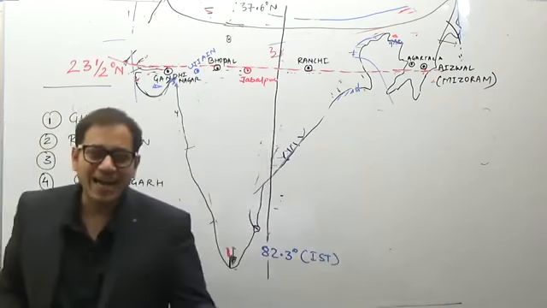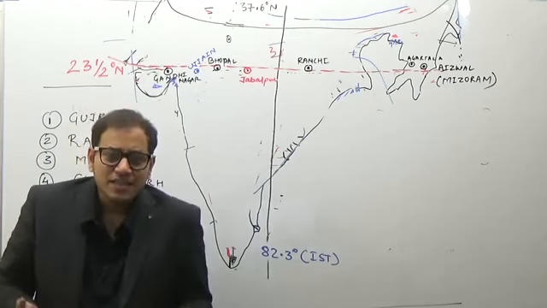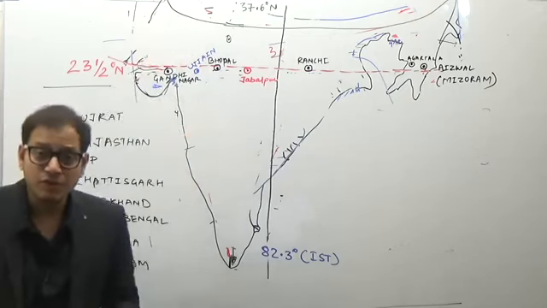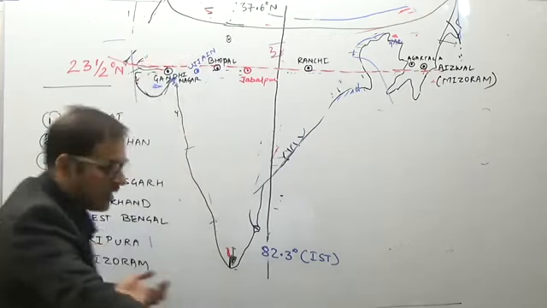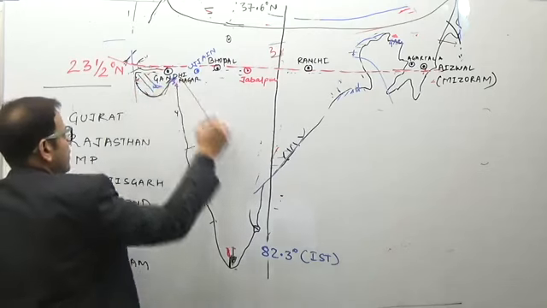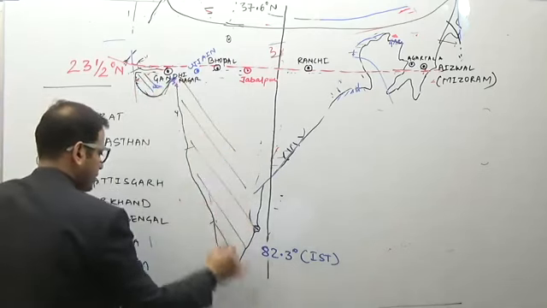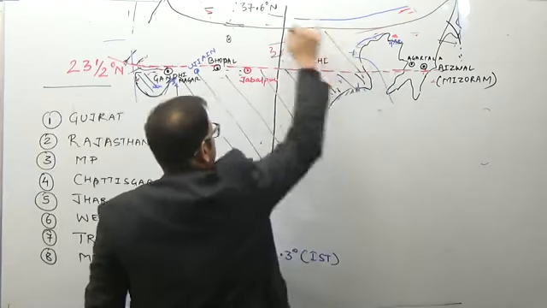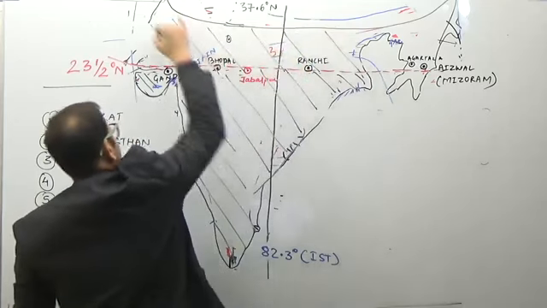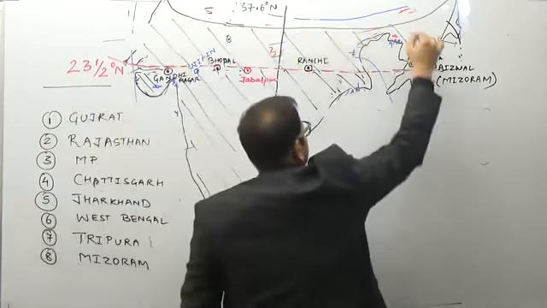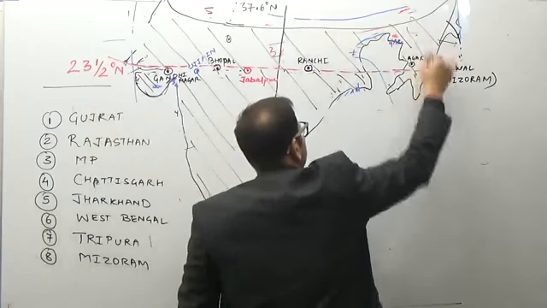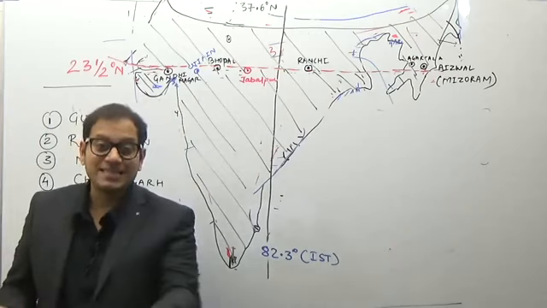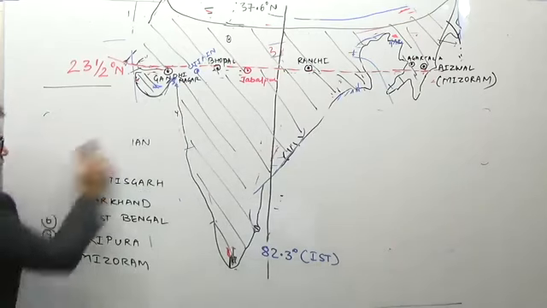Now let us look at the dimensions of India. Obviously, there is the territory to the north of the Tropic of Cancer and the territory to the south of the Tropic of Cancer.